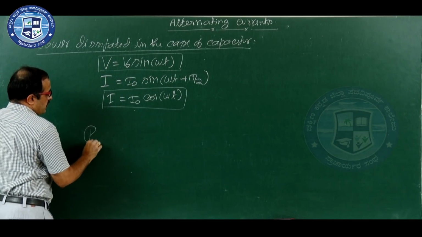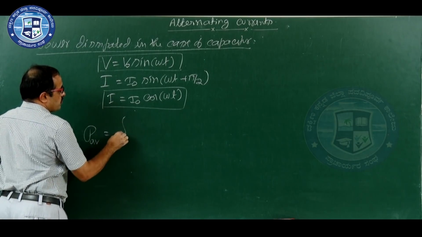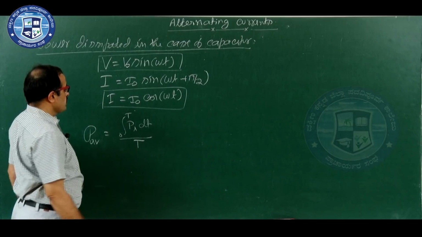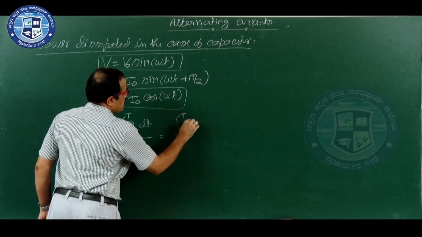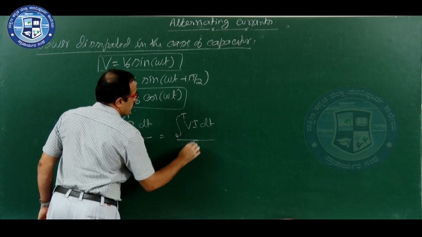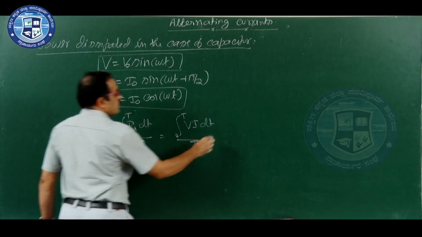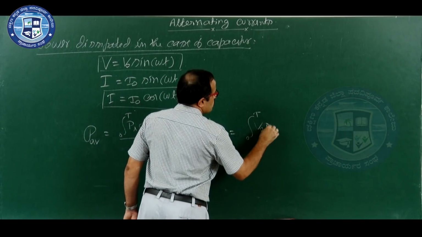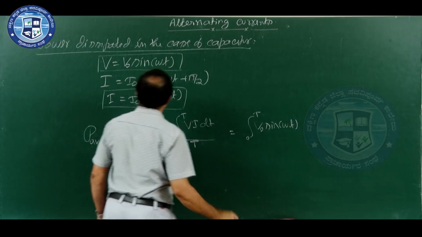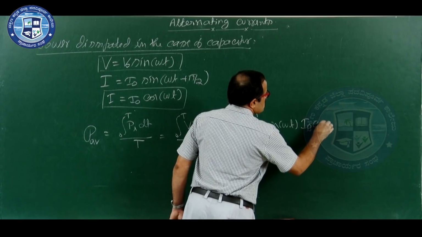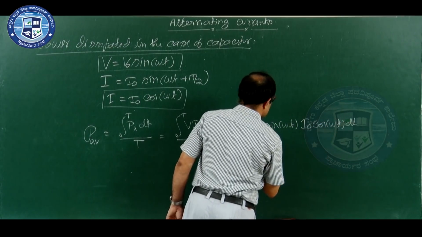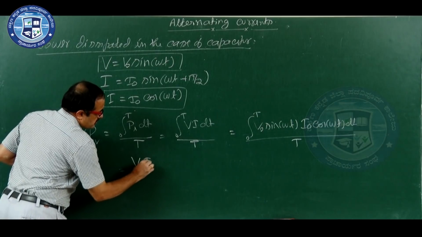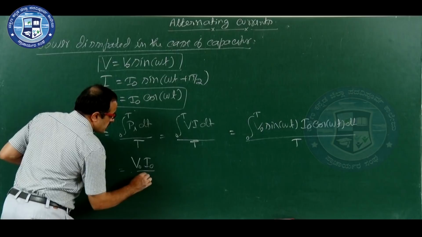Now we find out the average power consumed. It is the integration of instantaneous power divided by capital T: integration from 0 to T of V I dt divided by T. It is the integration of V naught sin omega t into current I naught cos omega t dt by T. So take V naught and I naught outside, and even T outside.